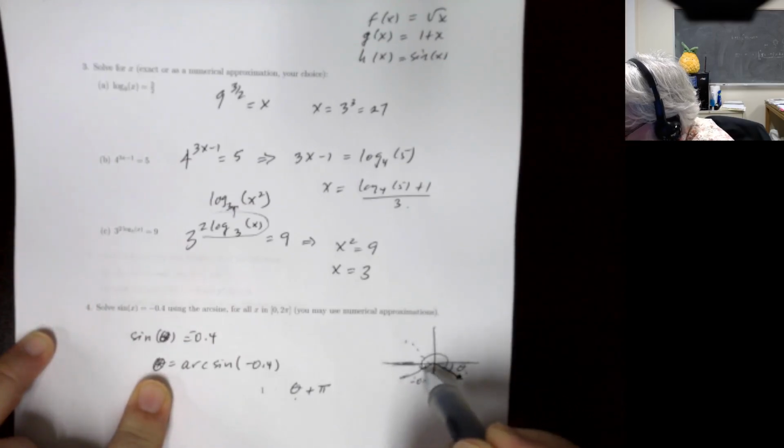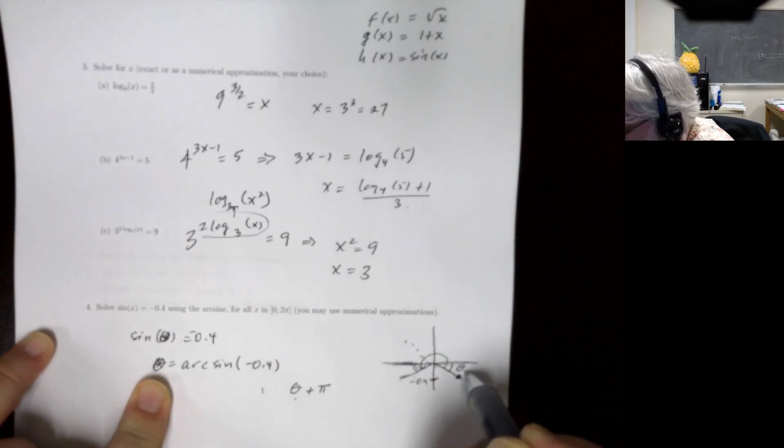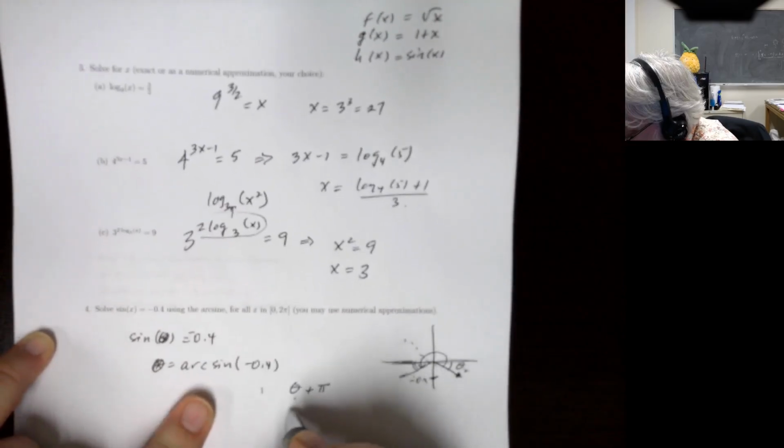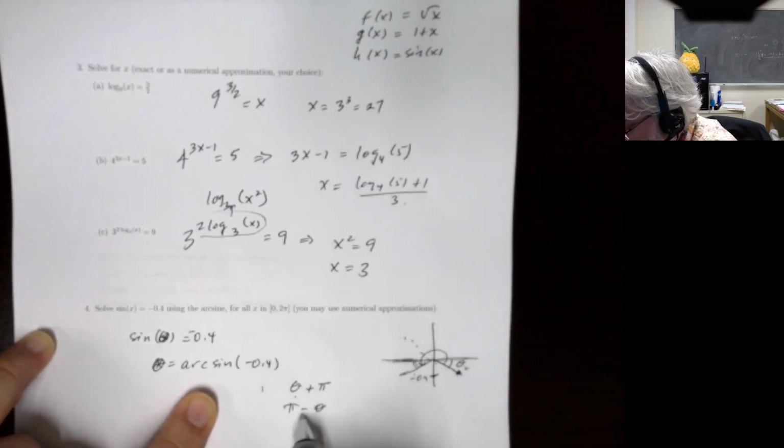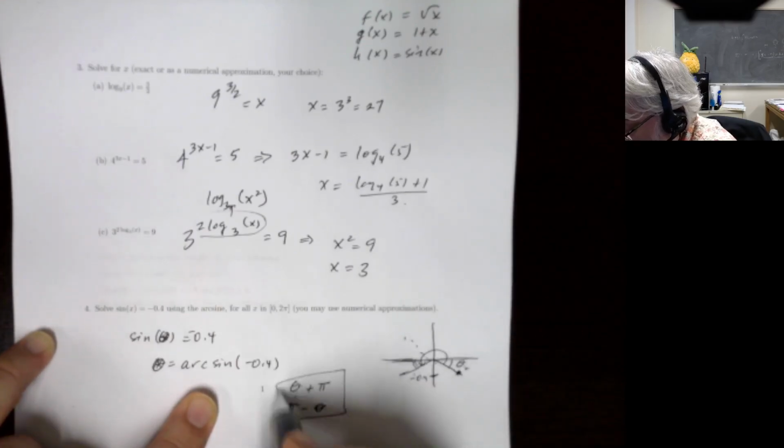But if I take pi plus this little amount, which is the absolute value of theta, then I would get it. Or I could say pi minus theta. Remember, again, I've got a minus there because theta is actually a negative number. So this is actually pi minus this angle. Okay, so those are our two values between 0 and 2 pi. Good. All right.